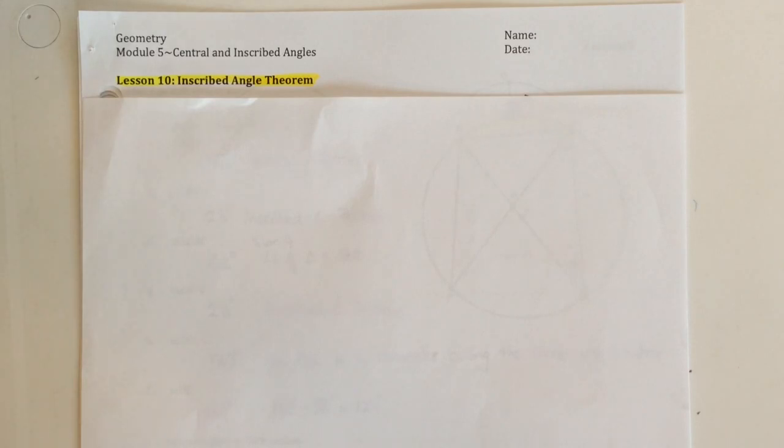Lesson 10, we are going to go back to the inscribed angle theorem. So take a minute, remember what the inscribed angle theorem is and what are some of the consequences of the inscribed angle theorem.